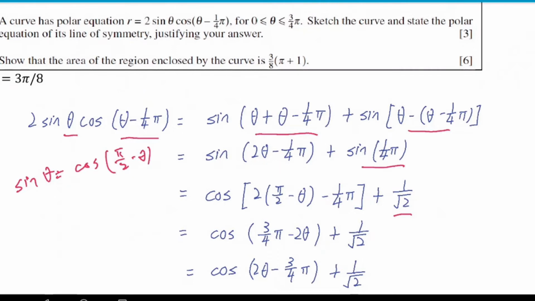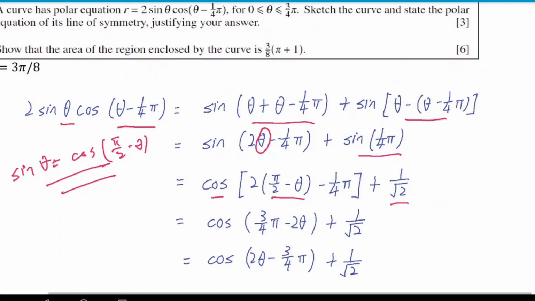So when we replace the theta inside the sine with pi over 2 minus theta, it becomes the cos already.